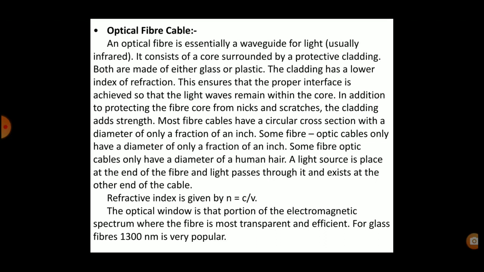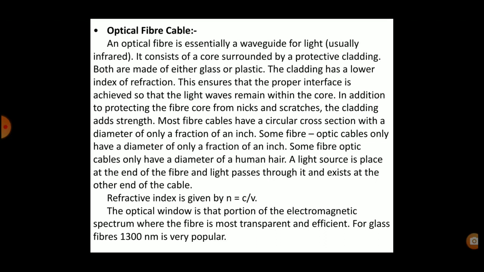In addition to protecting the fiber core from nicks and scratches, the cladding adds strength. Most fiber cables have a circular cross section with a diameter of only a fraction of an inch.